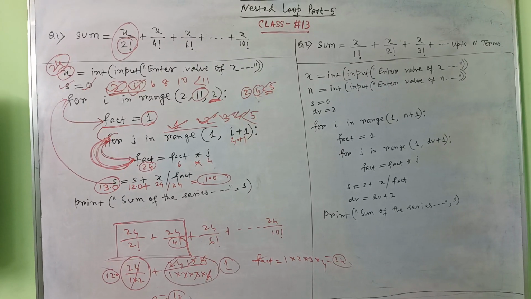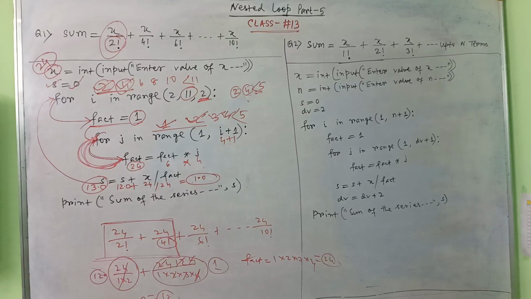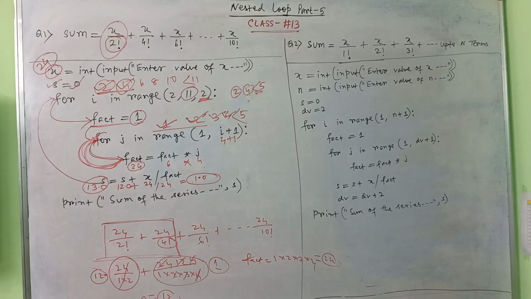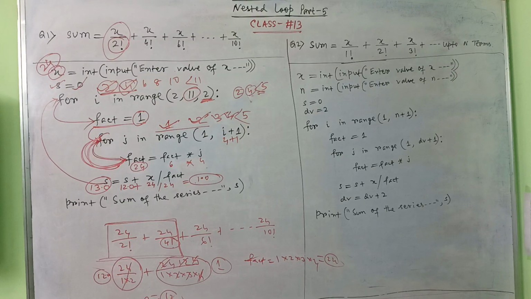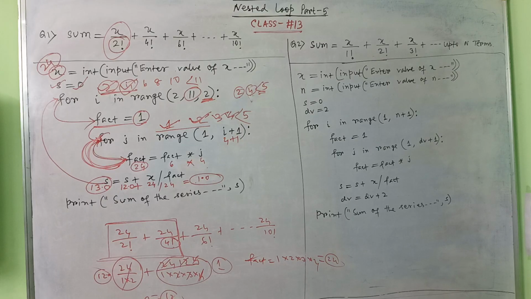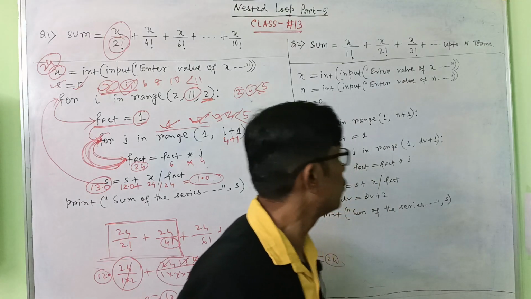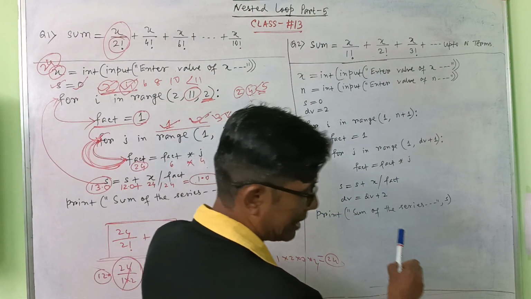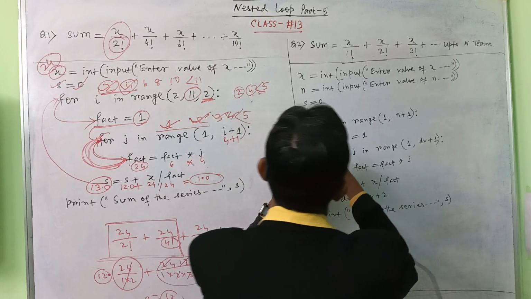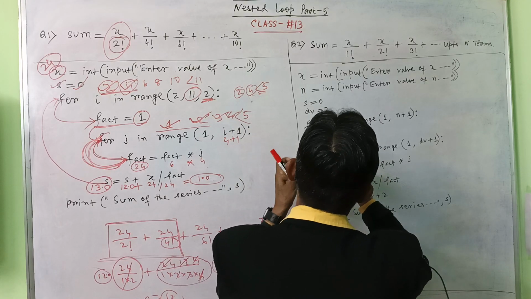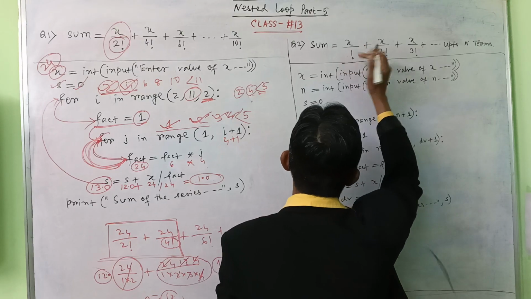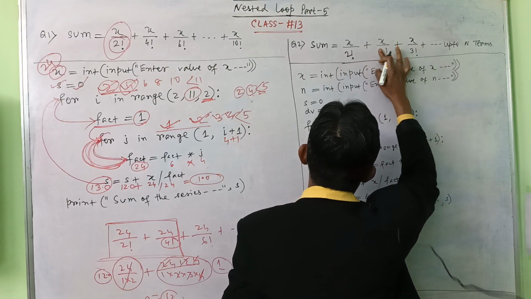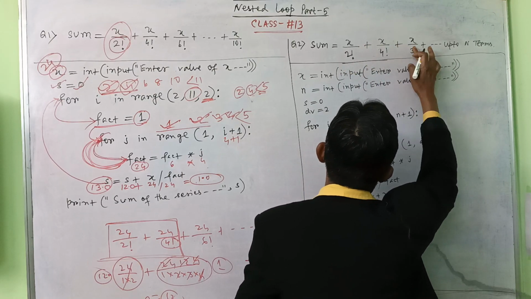If your program goes up to n terms, that program will be a little bit different. If I change this 1 to 2, then 4, then 6.